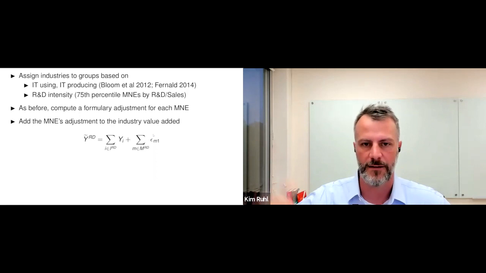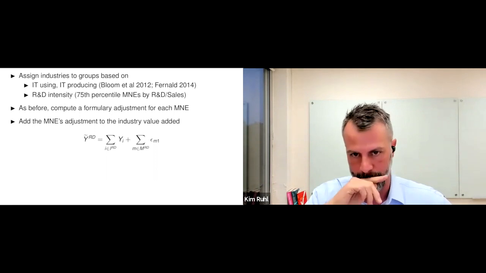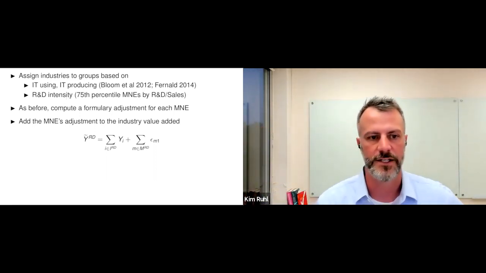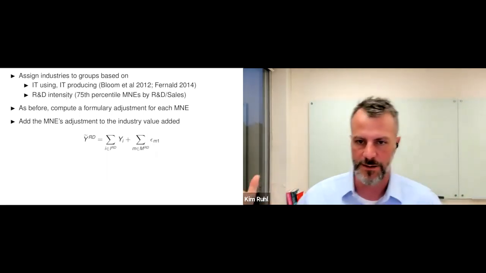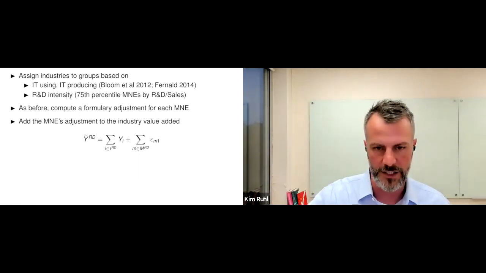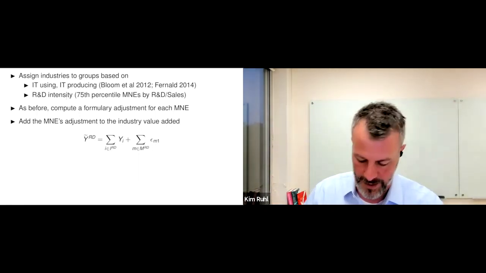Basically, we can take the firms and rank them by their R&D intensity, and we're going to call R&D intense firms those in the 75th percentile by their R&D to sales ratios. Then we compute the adjustments just like before, and compute an adjusted value added, but now by industries, where industries are either R&D intensive or not.